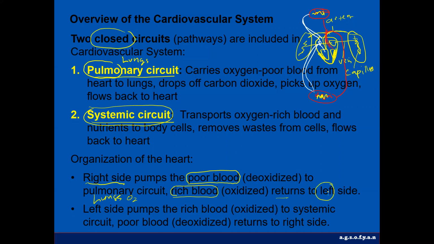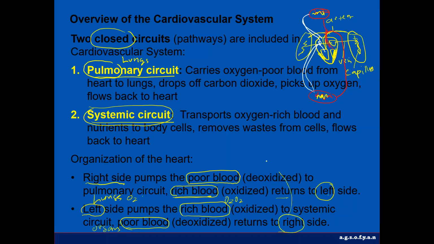From the left side of the heart, the blood, which is already rich, remember, it means that the blood has a lot of oxygen, will be pumped into the systemic circulation to the whole organs in our body. Then from the organs, the oxygen will be used, the organs will produce poor blood, and this poor blood will be returned to the right side of the heart.